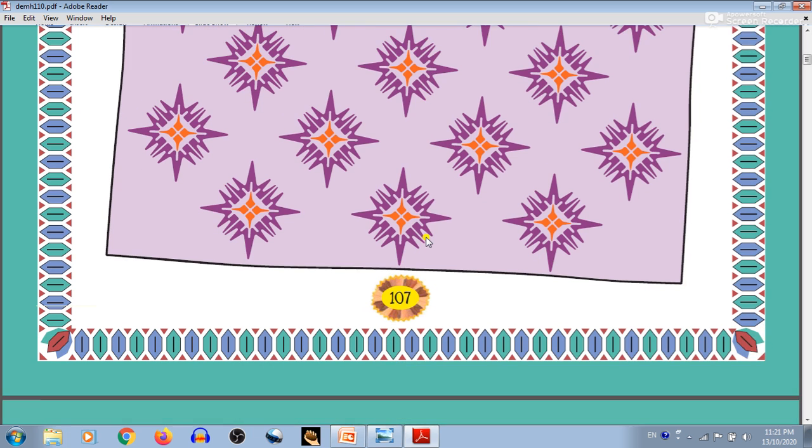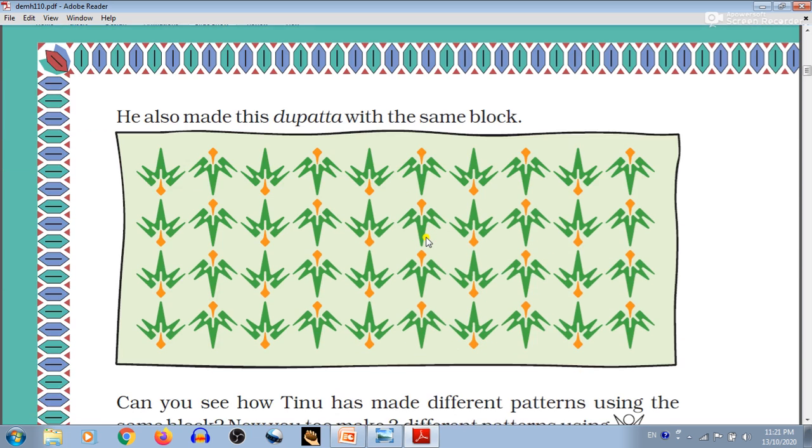Coming to the next page, you see here this is again a dupatta design, or a pattern on a dupatta, which has been made by using the same block. So this leafy picture is acting as a block here, and this is repeating here.